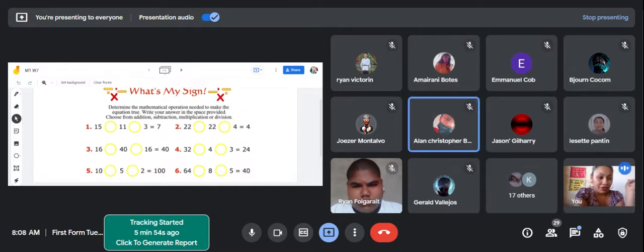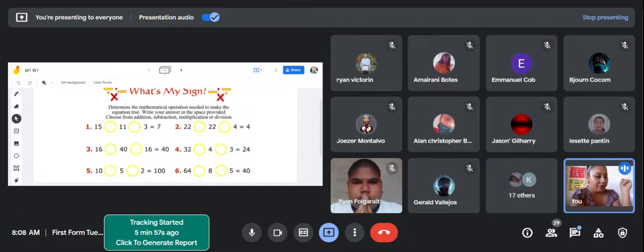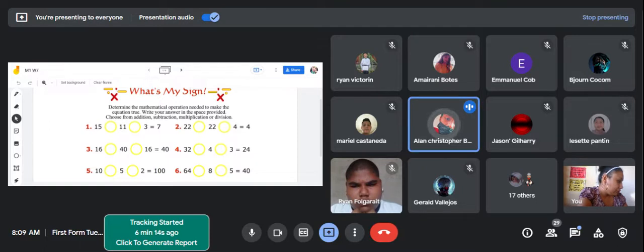Everybody understands what we're going to be doing here? Yes. Okay. So who would like to try number 1? Me, miss. Okay, Alan, go ahead. Fifteen plus 11 divided by 3.